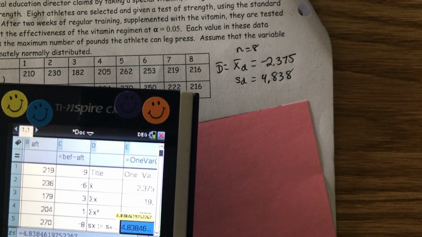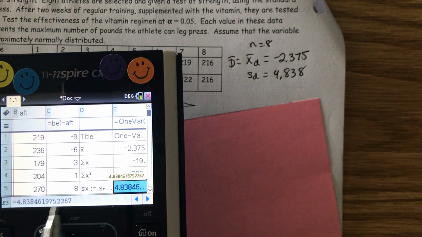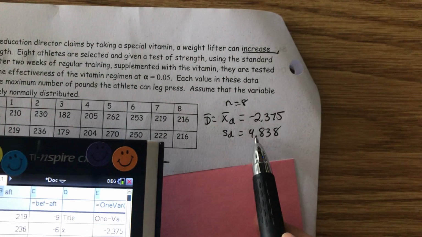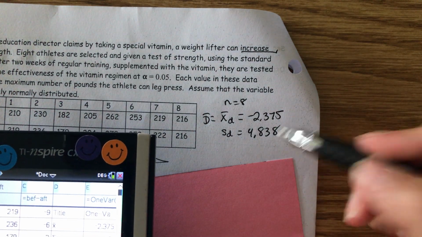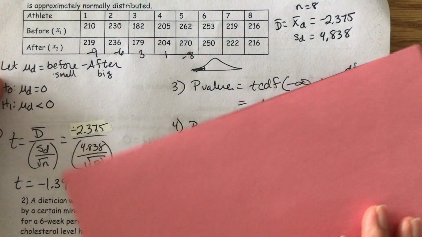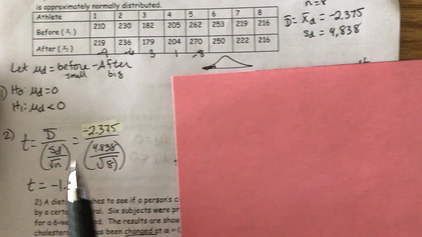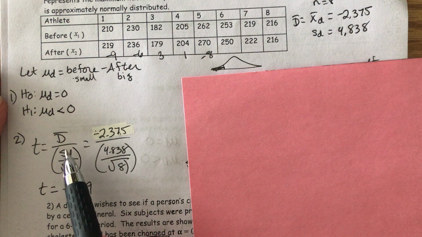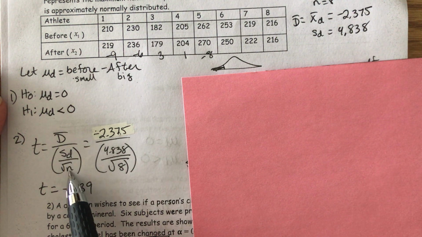And then down here, my standard deviation, you see how it's huge at the bottom, right? So I rounded to 4.838. I did 3 decimals just so they matched, okay? So when you plug this in, your formula is the average of the differences divided by the standard deviation of your differences divided by the square root of n.